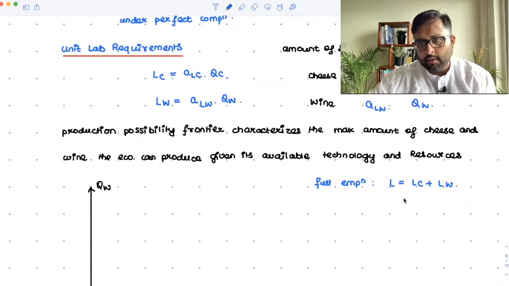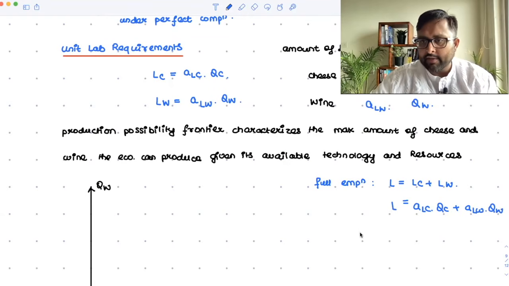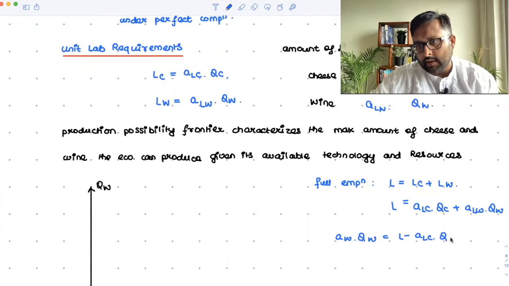You have already seen that LC is equal to ALC into QC, and LW is equal to ALW into QW. That is what L is. So I can write everything in terms of QW. That is ALW QW equals L minus ALC QC.